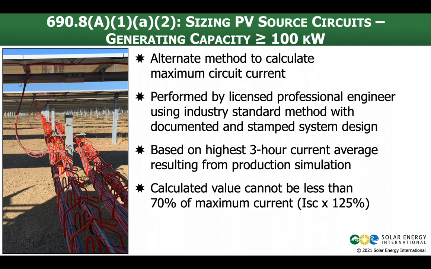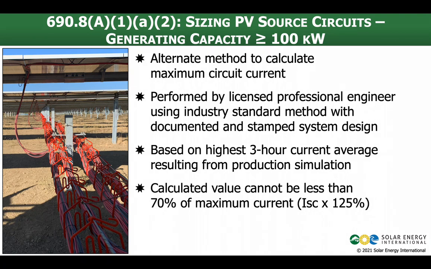And in fact, the code says that this calculated value that you get by modeling the output, the highest 3-hour average current, cannot be less than 70% of that maximum circuit current, Isc times 1.25. So if you do the math, Isc times 1.25 times 0.7, you'll see that the lowest we could go would be Isc times 0.875.